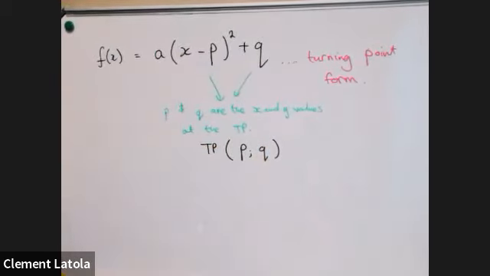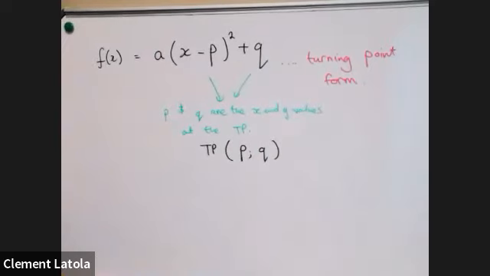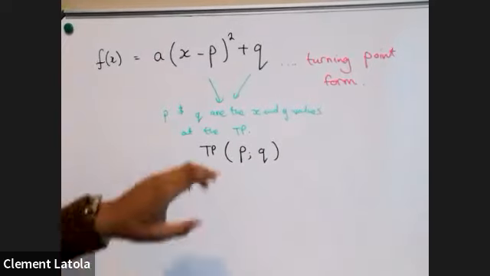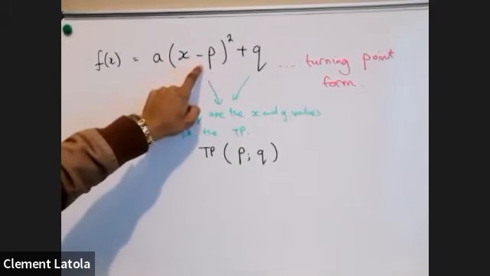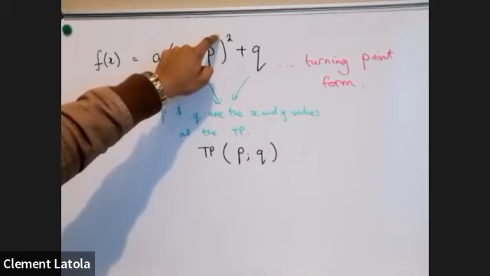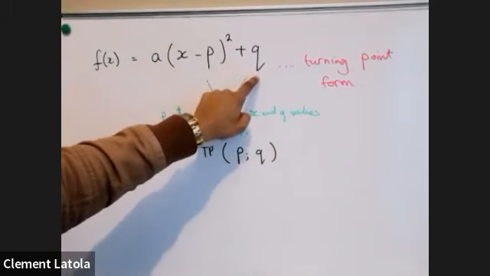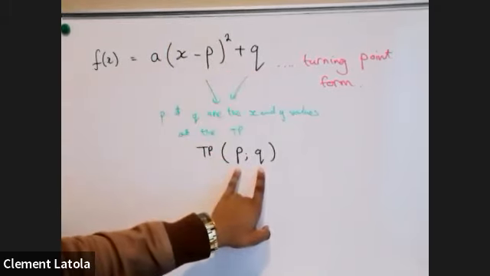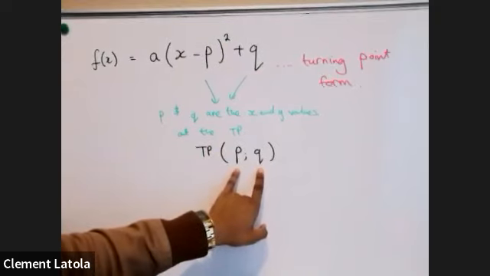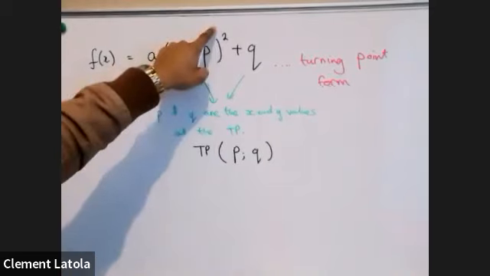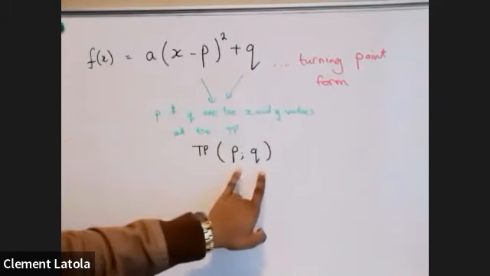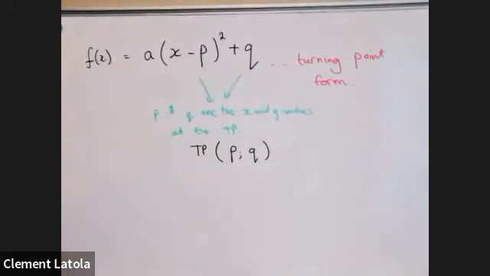So let me ask, not so much as a trick question, but just to see if you're following along. If inside this bracket I had (x + 2)² + 3, what would the coordinates for my turning point be? Let me repeat. If I had (x + 2)² + 3, what will the coordinates for this turning point be?